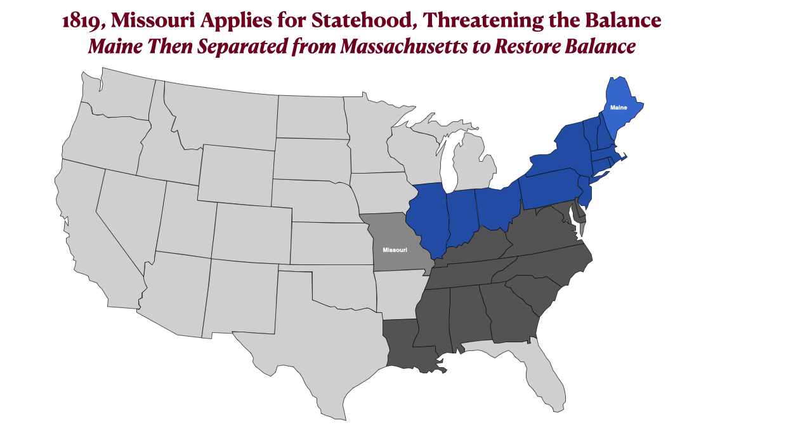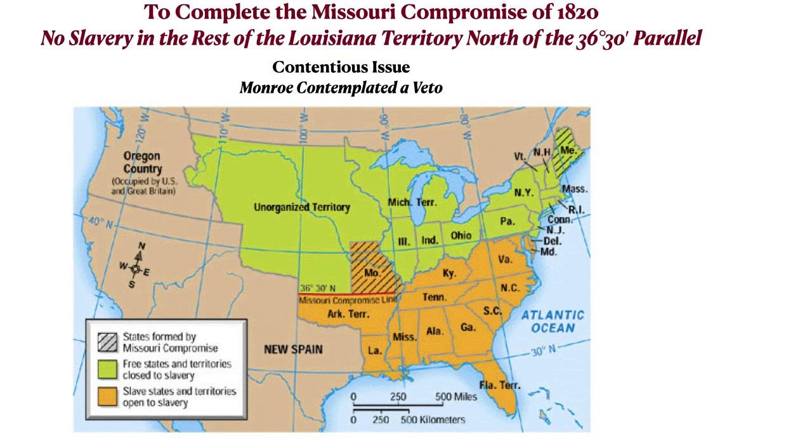So a compromise was made where Maine was split off from Massachusetts and entered the United States as a separate free state, so that maintained the balance. But the issue still remained about what would be done with slavery in the rest of the territory of the former Louisiana Purchase, unorganized territory, you could see here.